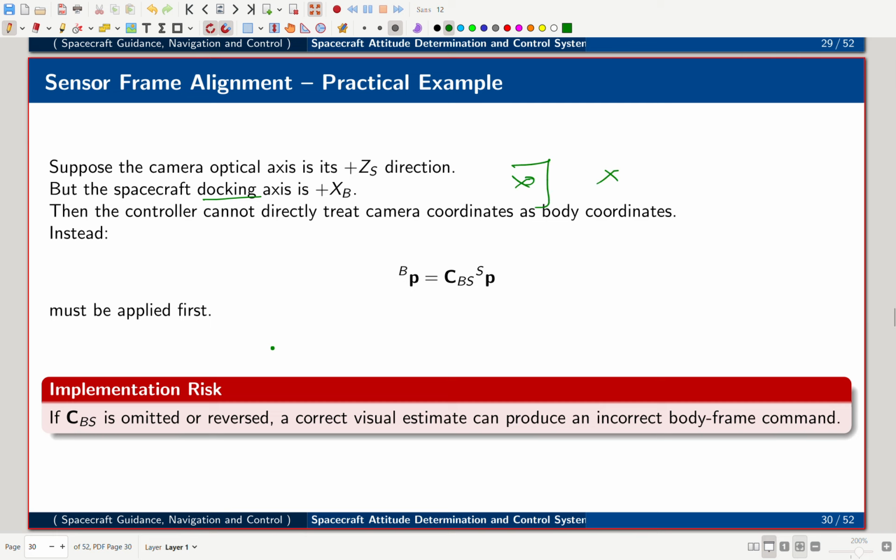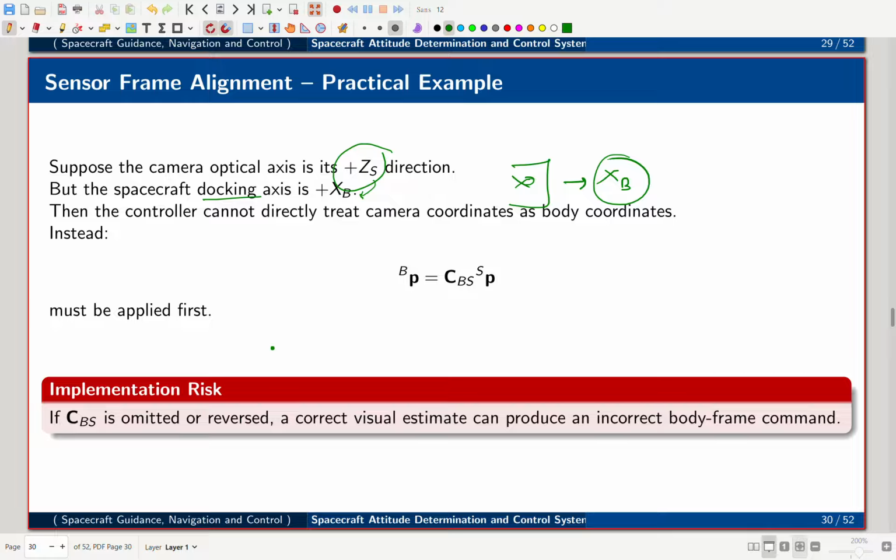We are just trying to approach it: let us say our spacecraft should be oriented toward this axis, x_p direction, but the camera is there, so the camera has to be oriented toward this one.